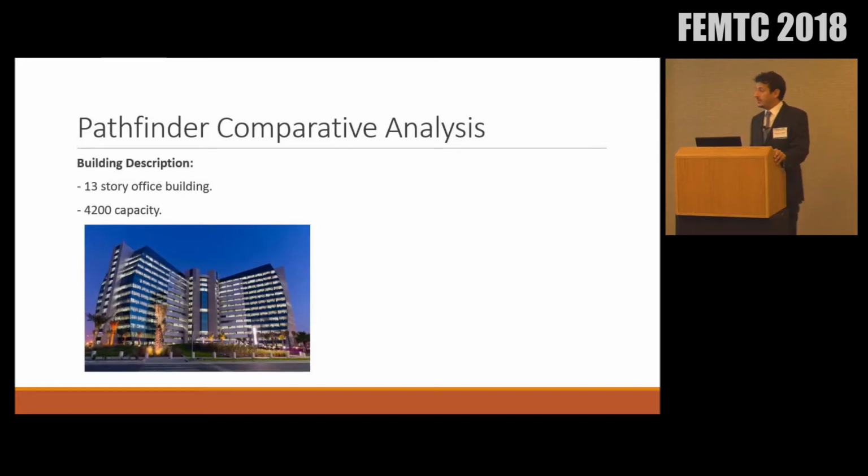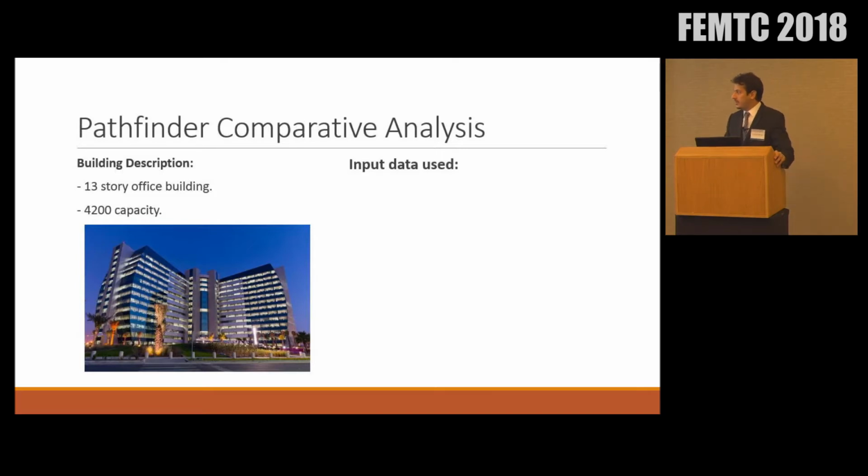So what I've done is I've tested, we have in Saudi Aramco in Saudi Arabia a building called Al Midra. It consists of 13 stories with a 4,200 capacity of employees. The normal capacity is 3,100.